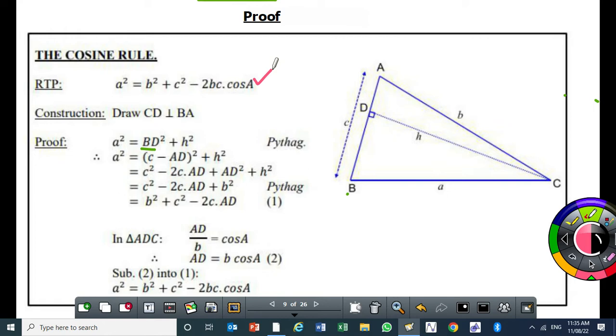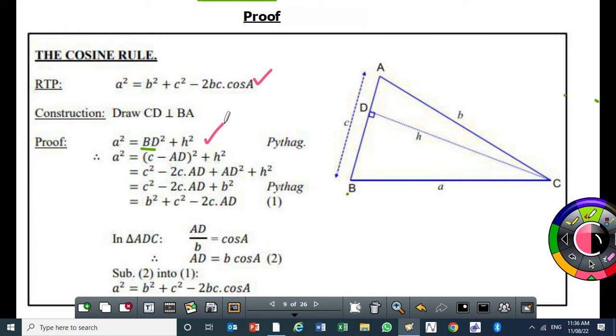The reason I draw that perpendicular is to create 2 right-angled triangles, and then you use those 2 triangles. So first, you start with the bigger triangle, triangle BCD. You write the theorem of Pythagoras for that triangle. It's going to be a squared equals BD squared plus h squared.